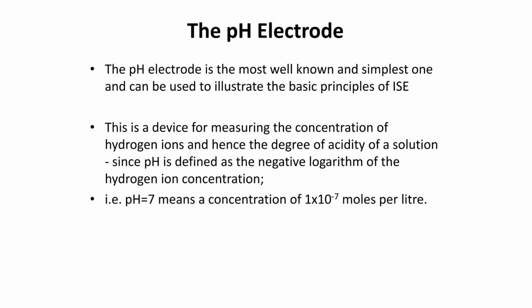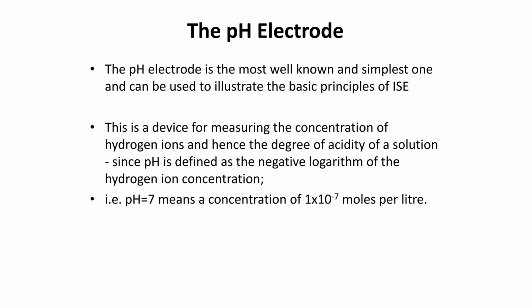So, the pH electrode is by far the most well known and the simplest electrochemical sensor available. It is used for illustrating the basic operating principles of ion selective electrodes, or ISEs.